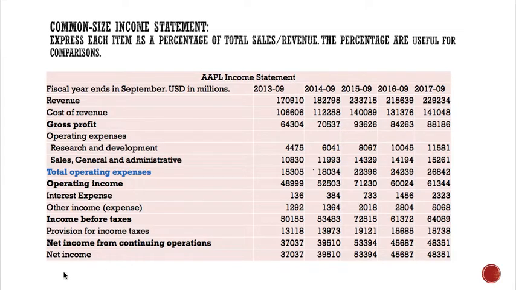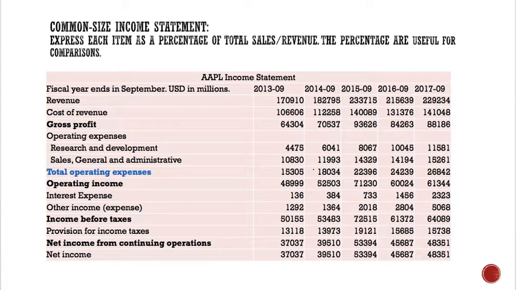So we get the net income. Overall, net income is just the revenue minus the cost or the expenditure or the expense.